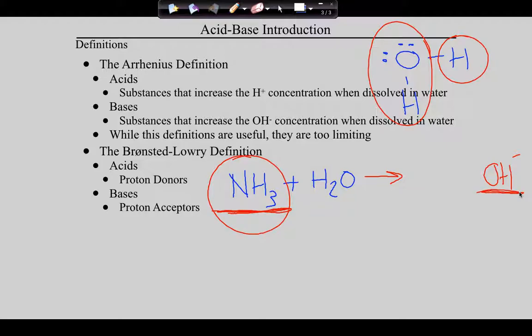How does it happen, Isabel? Exactly. It takes a proton from the water. And when NH3 takes a proton from water, it turns into NH4 plus, ammonium. And as it turns into NH4 plus, this proton grabs onto the NH3, and what we're left with is hydroxide, which is a base, which is exactly what Arrhenius told us.